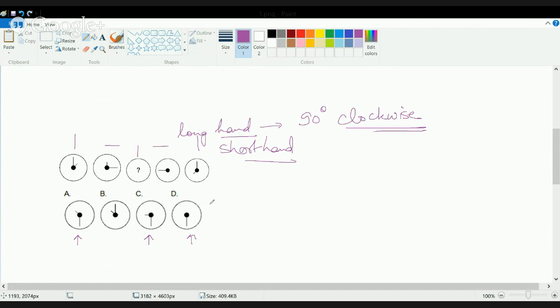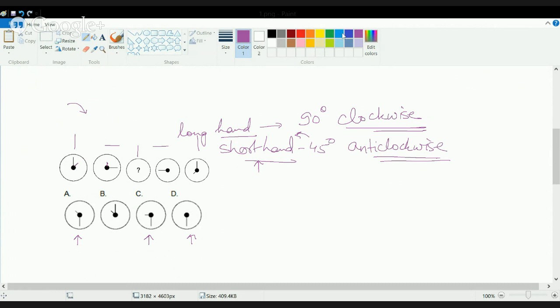So we need to understand the location of the short hand here. As we see, the short hand was here and it moved vertically up. That means it's moving nearly 45 degrees. And in which direction? This was moving in this direction, and this short hand started moving in this direction. That means anti-clockwise.